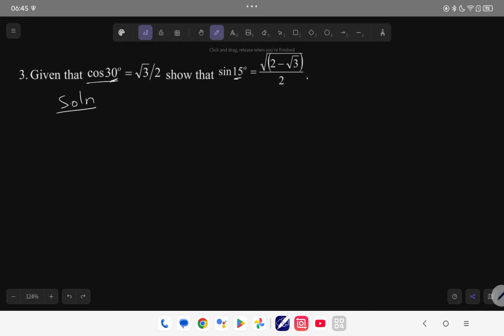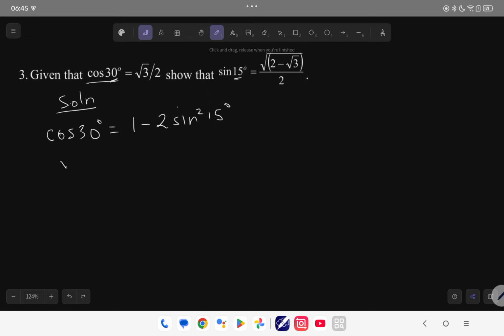So we have to look at the identity which relates the multiple angle 30 to the submultiple angle 15, but using only the sine ratio. So we shall be forced to use cos 30 is equal to 1 minus 2 sine squared 15, because 15 is half of 30.